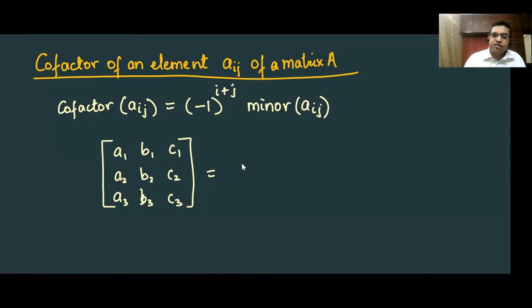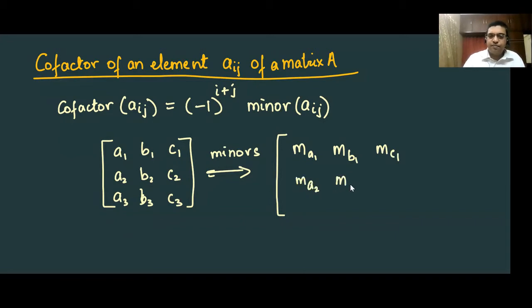So when I replace the elements by their minors, I will write MA1, MB1, MC1, MA2, MB2, MC2, MA3, MB3, MC3. Now to get cofactors, I need to multiply the minors with minus 1 to the power i plus j.